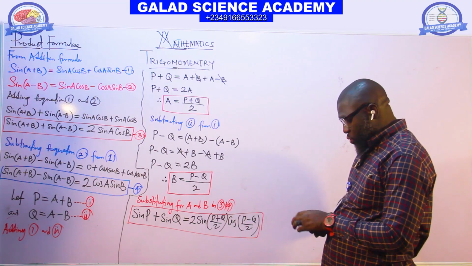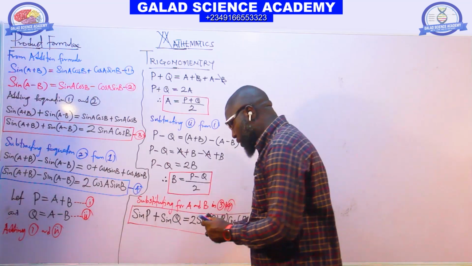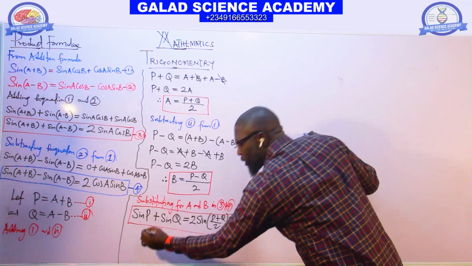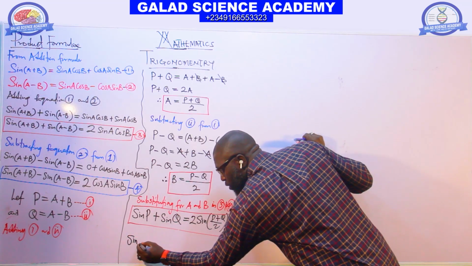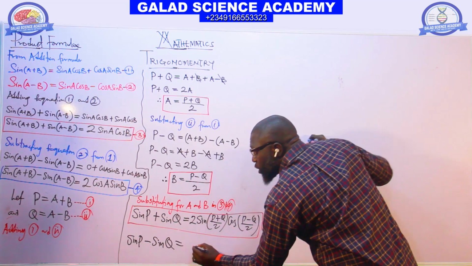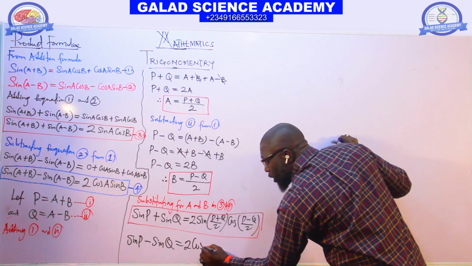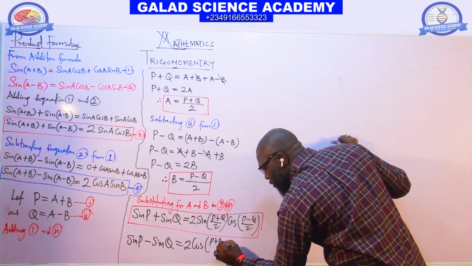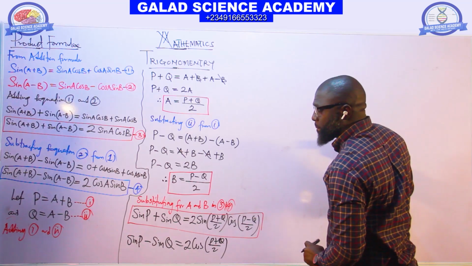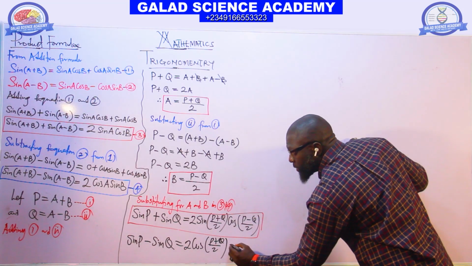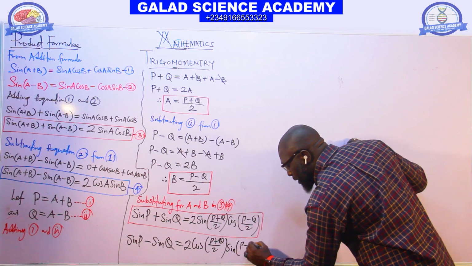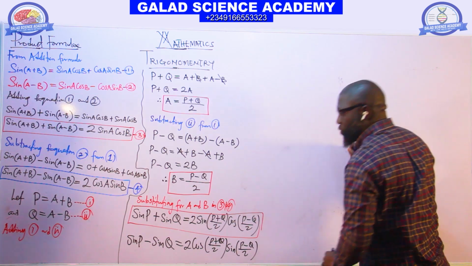If we apply it for the second one too, which is this expression, we will arrive at this one. We will have sine angle of P minus sine angle of Q equal to 2 cos P plus Q over 2 and sine P minus Q over 2.